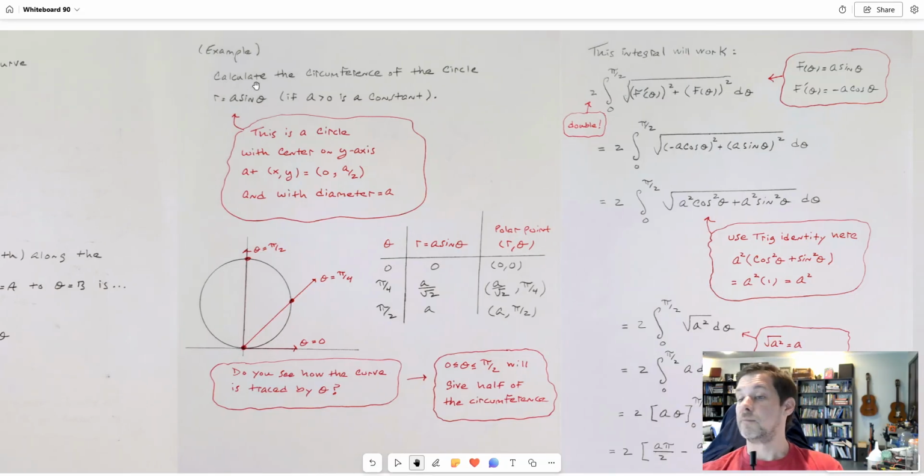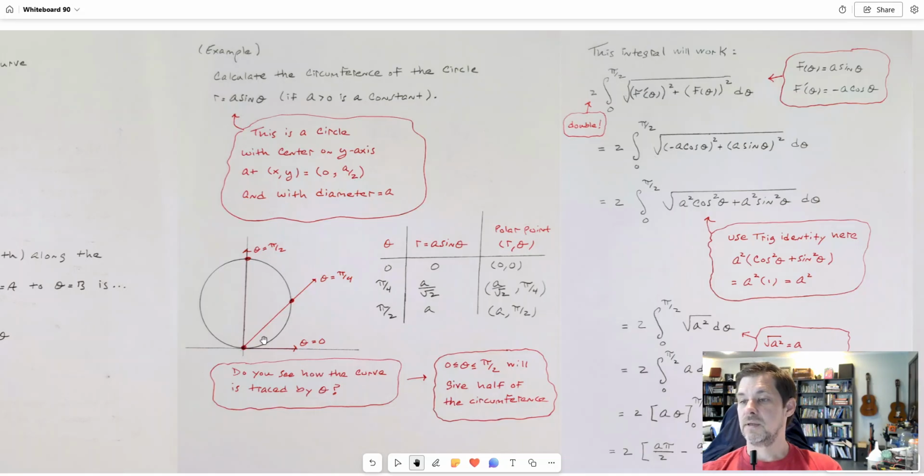It would help to recognize that r equals a sine theta, where a is some positive constant, is a circle. It has a center on the y-axis with xy coordinates 0 for x, a over 2 for y, and it has a diameter of a. So here I've drawn a circle like that.